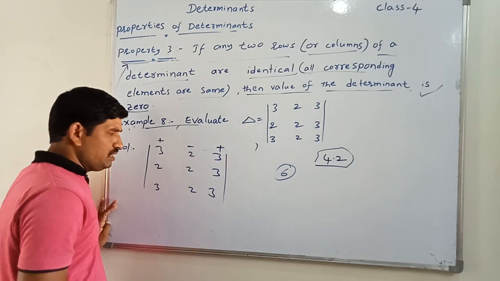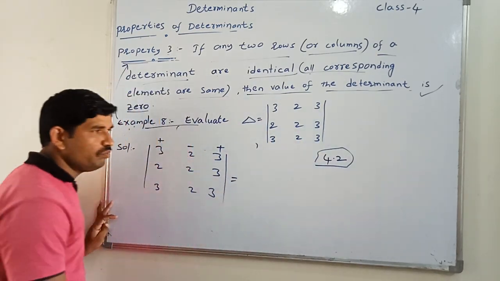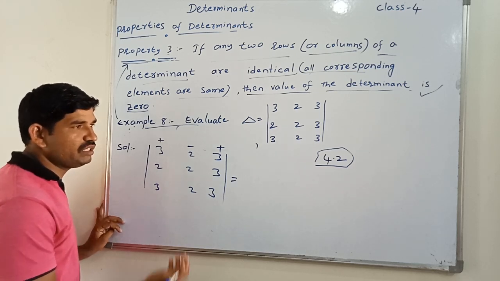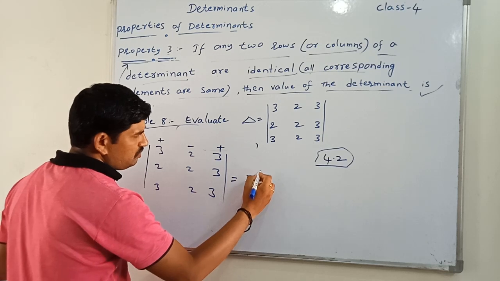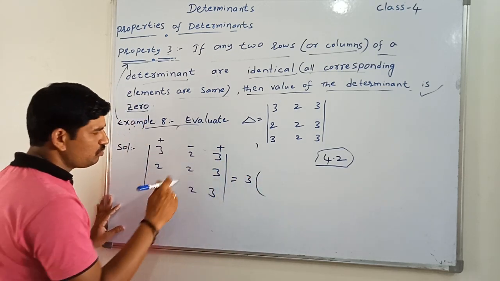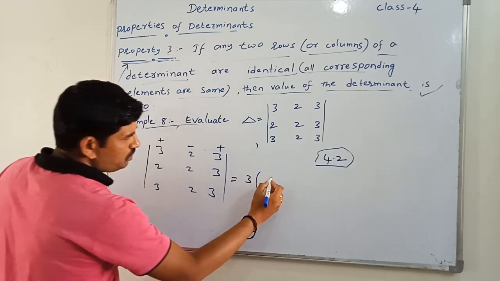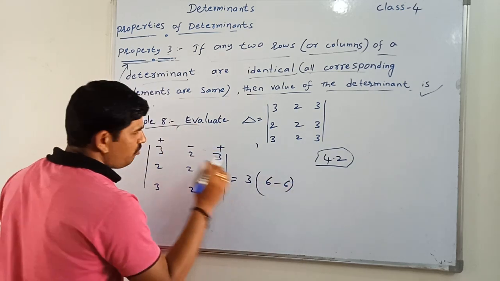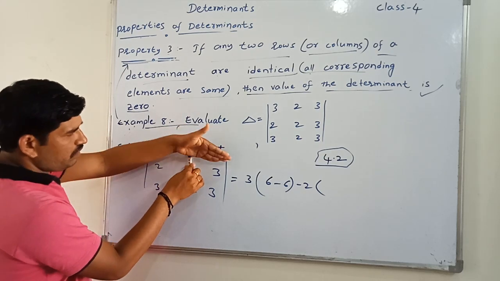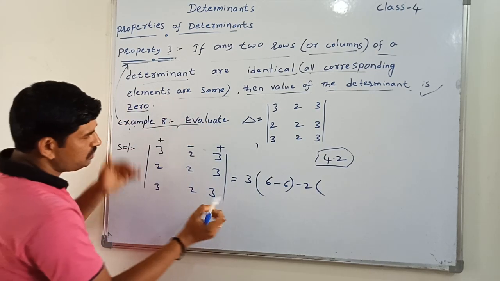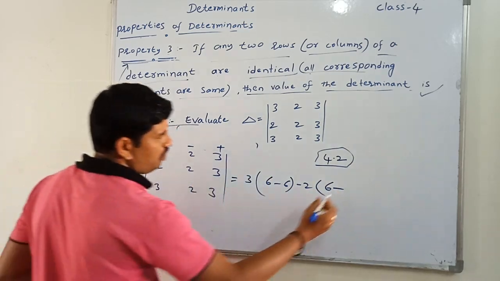Plus minus plus. We know how to expand the determinant, as already we have completed some classes about the 3 by 3 matrix. So we take the 3 here, then this part is closed: first row first column closed, then 2 3s are 6, 2 3s are 6, again minus 2. This part is closed: second column first row closed, and 2 3s are 6, 2 3s are 6, and 3 3s are 9.